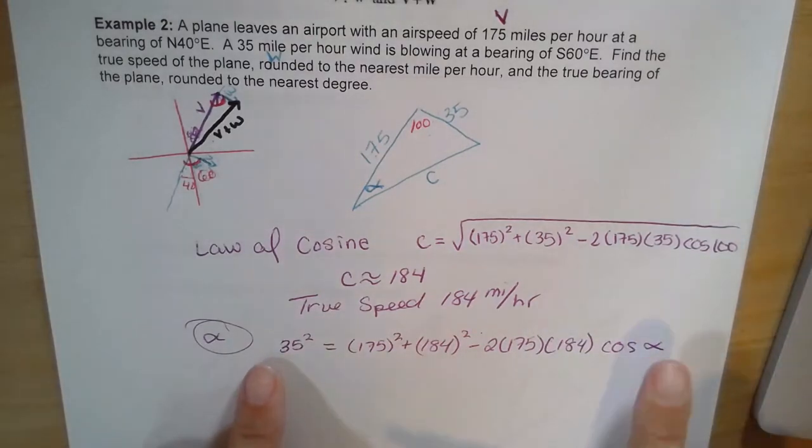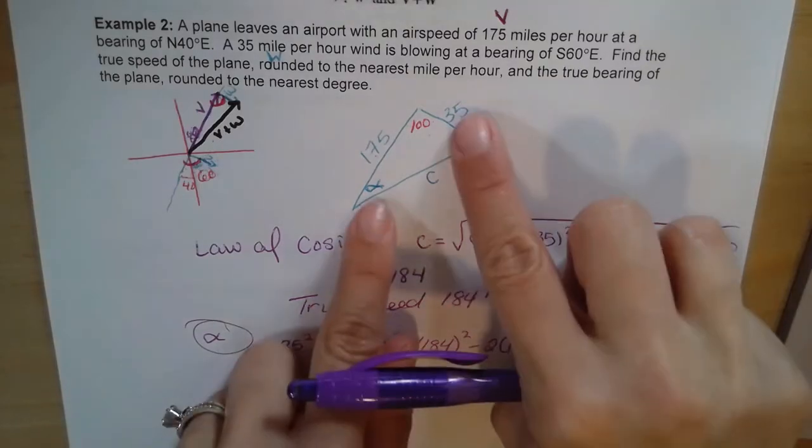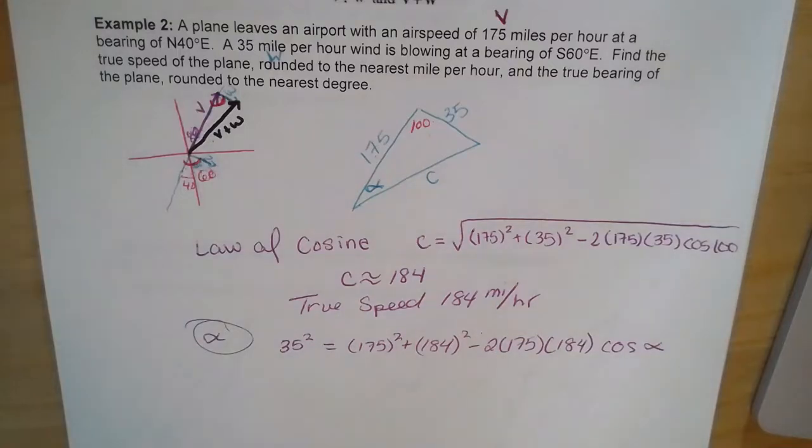Now remember, that degree has to be opposite to that side. So, opposites, right? Okay. Now, we have to solve.